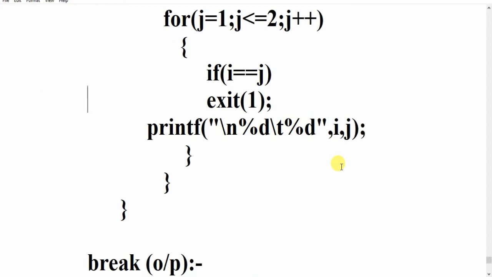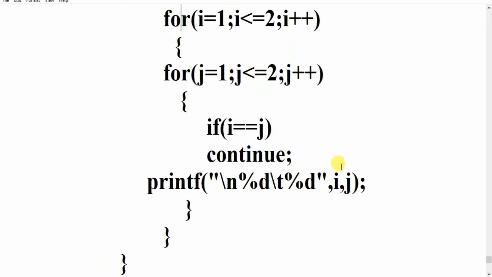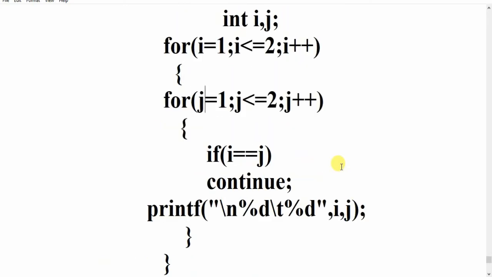Suppose you use the continue keyword. Now let's observe what output we get when using the continue keyword here. When i equals 1 and j equals 1, the condition is true. Condition true means if i is equal to j, so continue. What is the continue keyword? The continue keyword passes the control to the same loop to continue the next iteration.